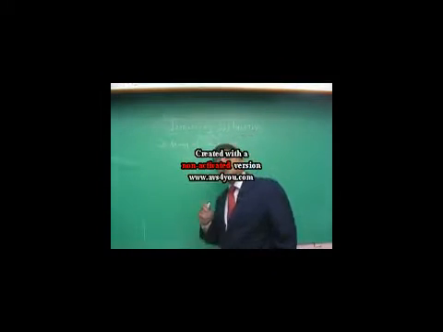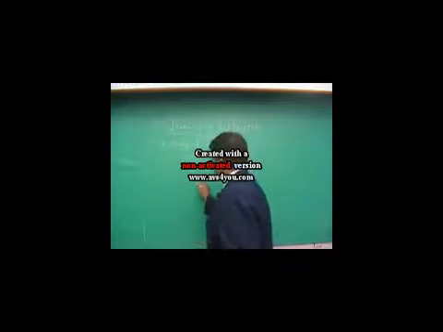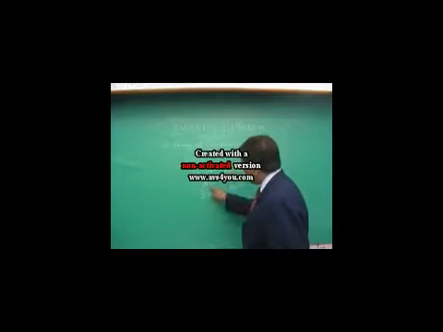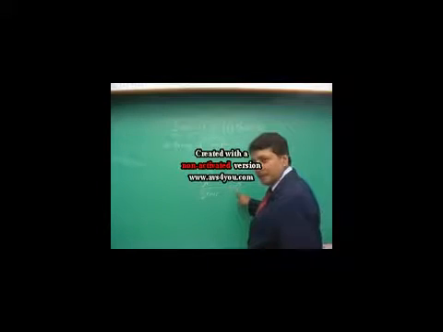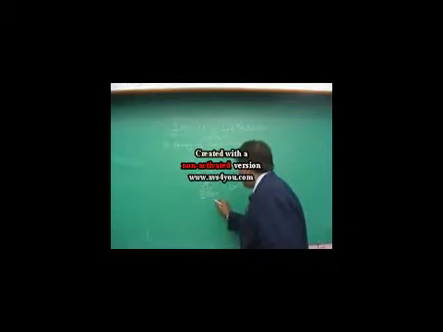Now, generally it is told that if we divide a certain value, say A, by 0, we get infinity, or A upon infinity equals 0.